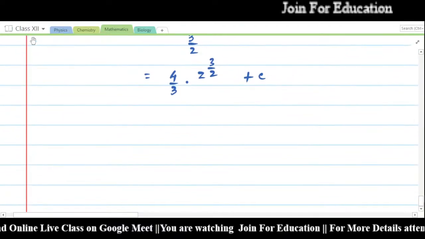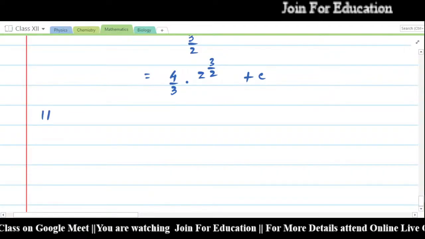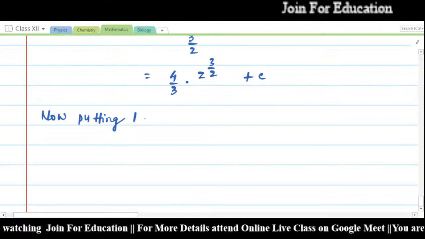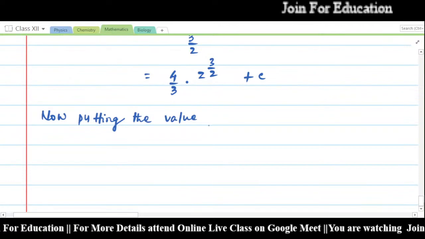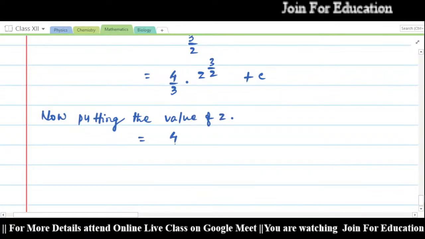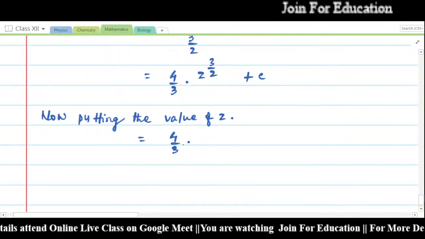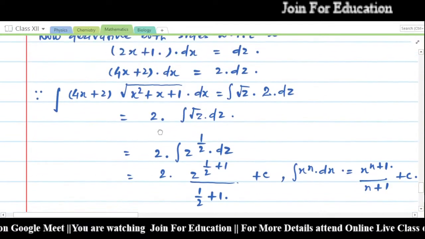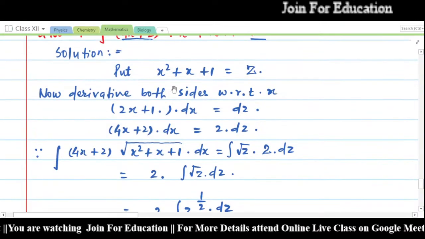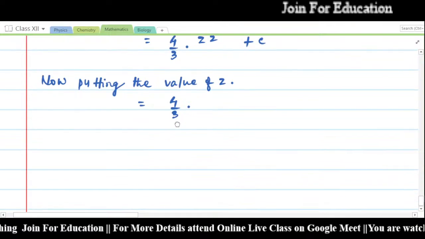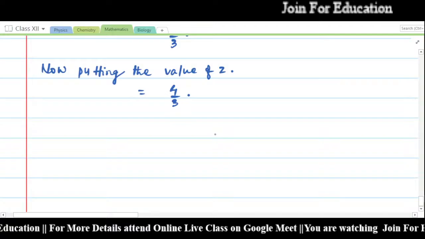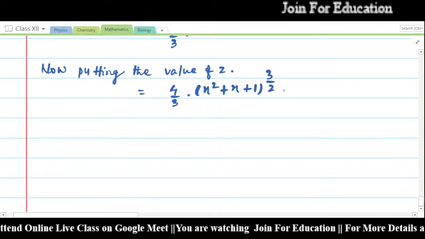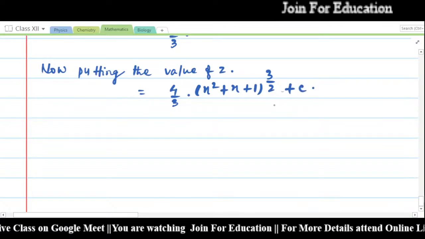Now putting the value of z. So here it will be 4 by 3, and the value of z is x square plus x plus 1, to the power 3 by 2 plus c. Hope there is no problem to understand up to this step.